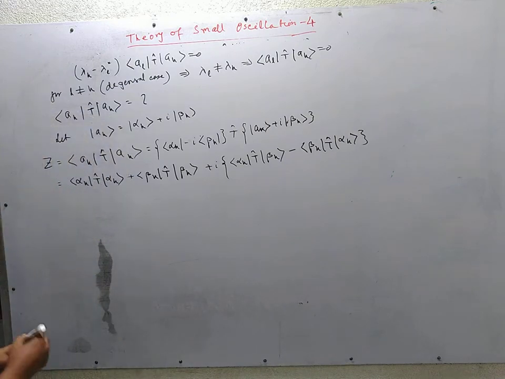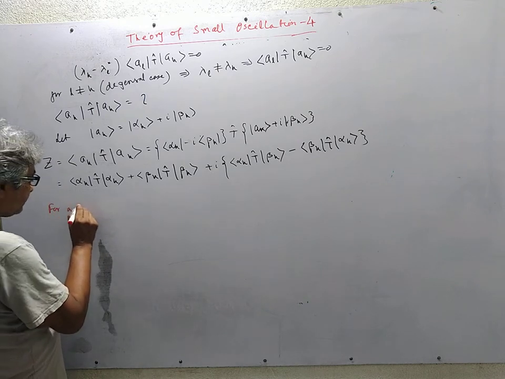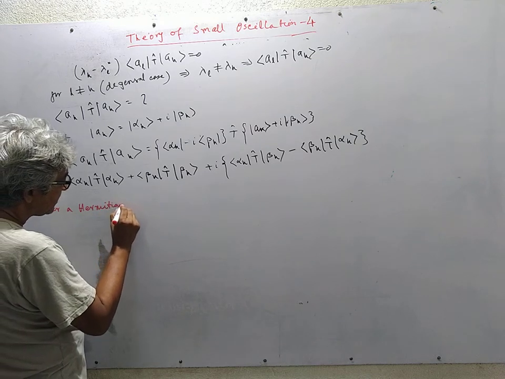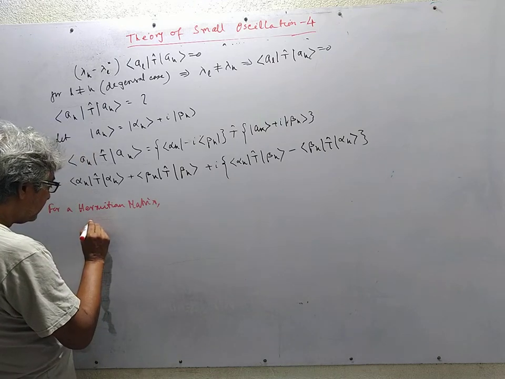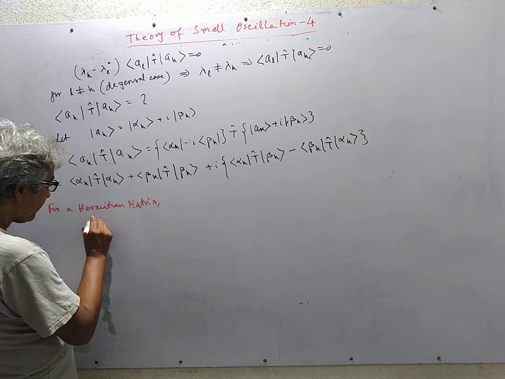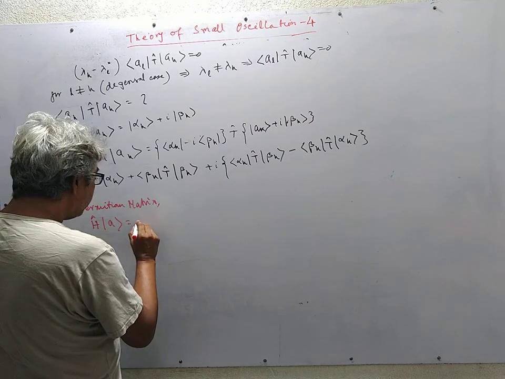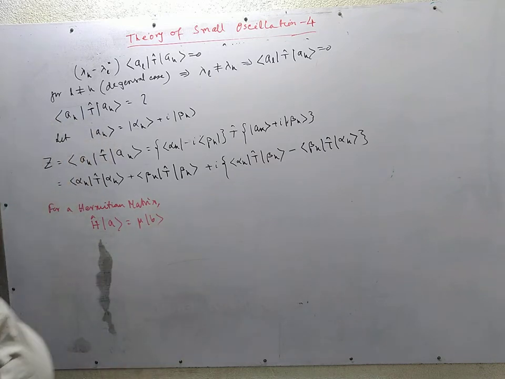Now recall the property of a Hermitian matrix. For a Hermitian matrix, H operating on A gives some mu times B, where B is another vector; it may not be an eigenvalue equation.